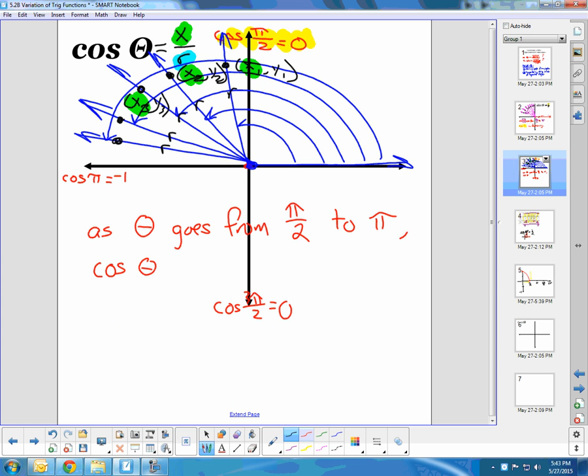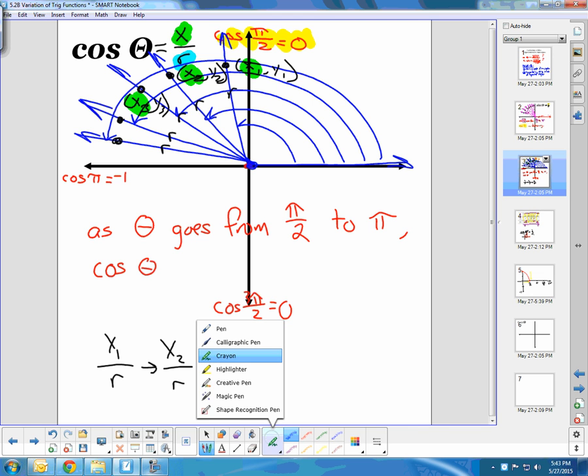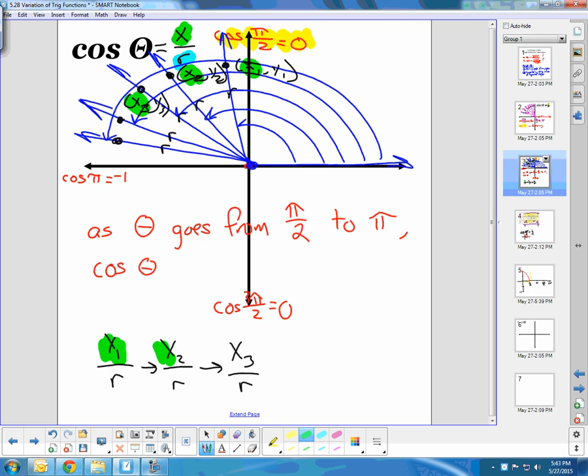If I make some of these ratios like I had previously, we go from x sub 1 over r to x sub 2 over r to x sub 3 over r for our ratios. Those x coordinates, they're negative, and their absolute values are getting larger, so that the overall value of the ratio, this overall value versus the second overall value versus the third overall value, those ratios are getting farther and farther away from 0 themselves.